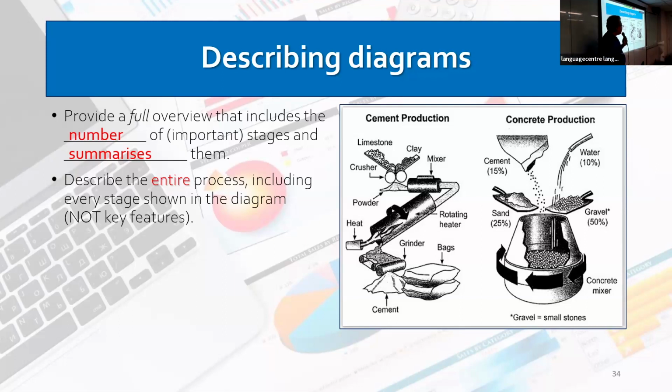If you encounter this question type in the IELTS writing exam, it is important that your information report covers the whole process. Do not miss any details in it. Otherwise, you lose marks. So give a more specific overview and describe the whole process.